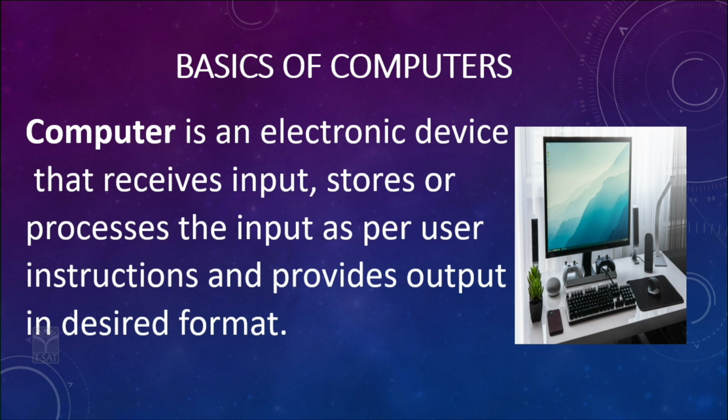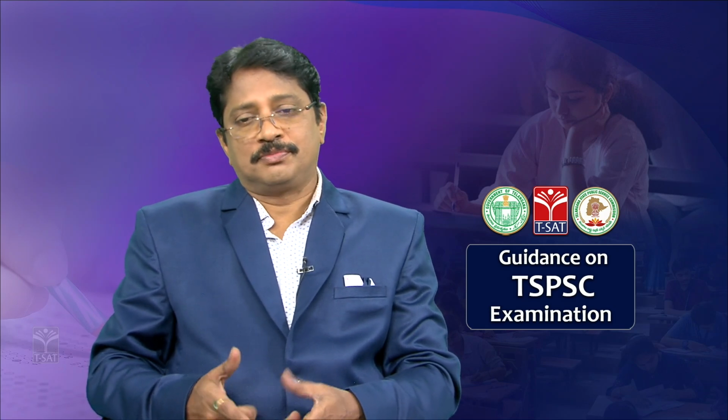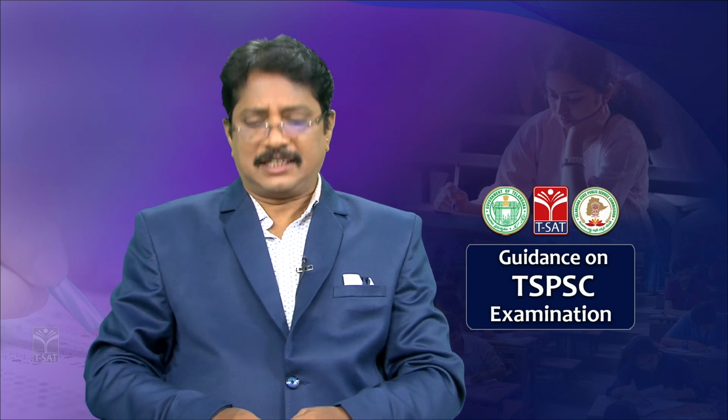So, whatever information you give as input, it processes according to our required instructions and gives the output in our desired format. If you want to prepare a PPT, do a digital transaction, perform an activity, or operate a robot, all these things will be done by computers.